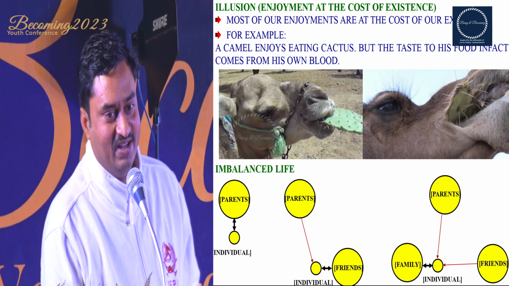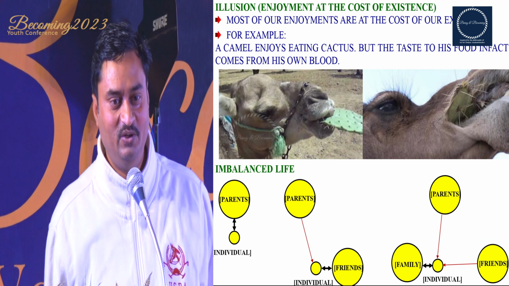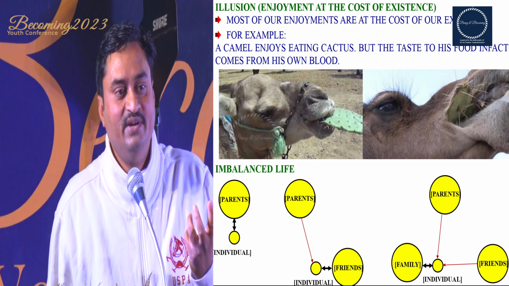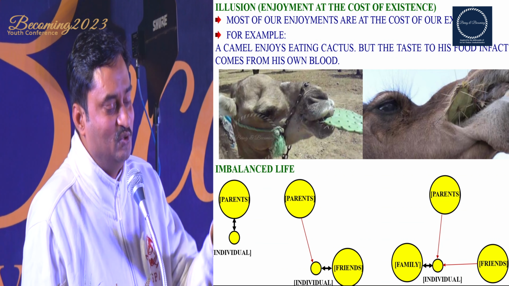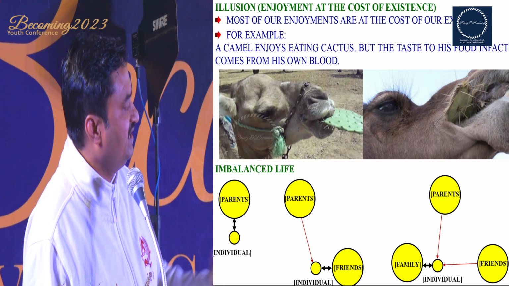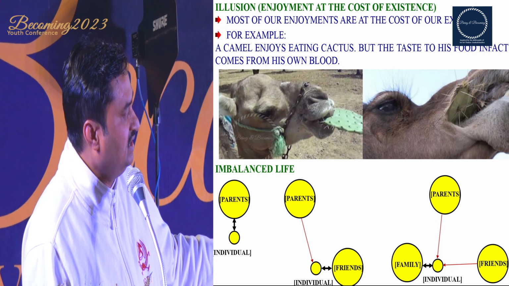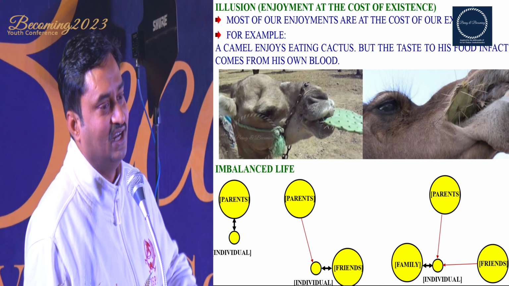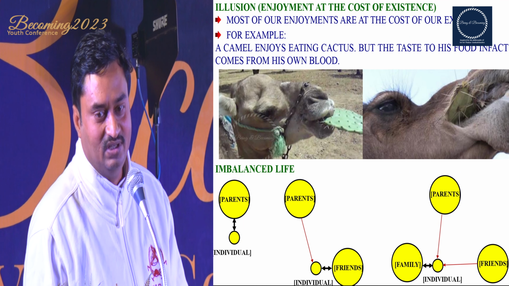Imbalanced life. This is a major issue. Like when I was a student, I was with my parents, attached to them. When he grows, friends come, he becomes more attached to the friends, and detached from the parents.